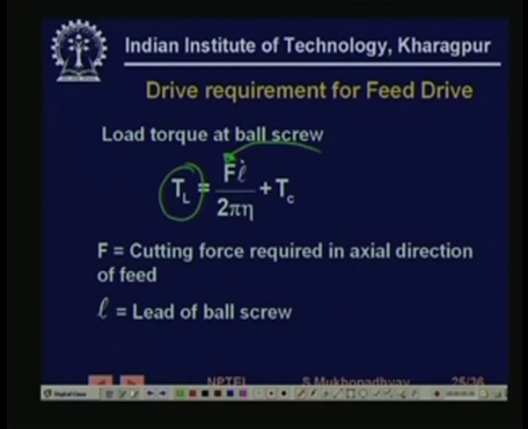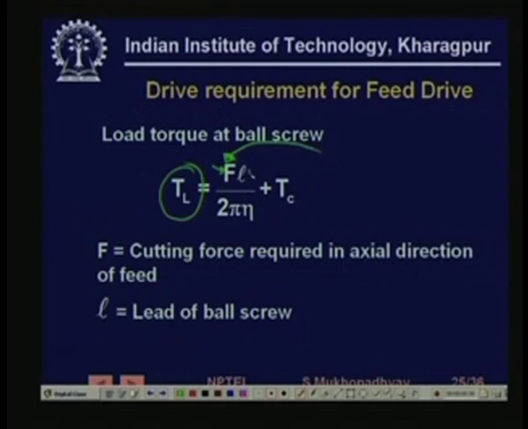In the case of turning, the feed drive is moving the tool, right. So the job is rotating at one position and the tool is moving from one side to another. So the force is being created on the tip of the tool and the tool is being driven from a screw.